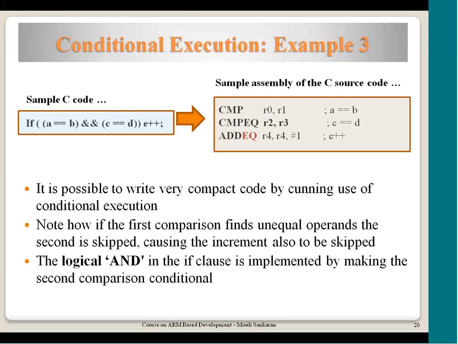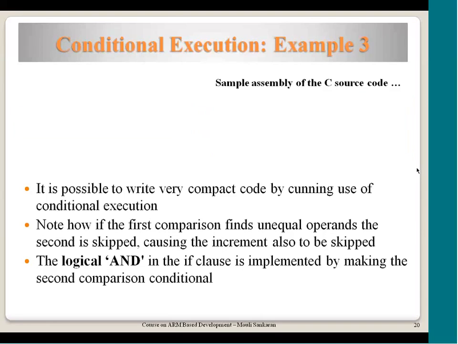The zero flag continues to be clear, so because of that, even this will not be executed. It will go to the following instruction which is below this if instruction. So it satisfies all the conditions, whether both are the same, only one is the same, or the first one is wrong. Everything is taken care of by this particular set of assembly instructions. I hope you understand this sequence.